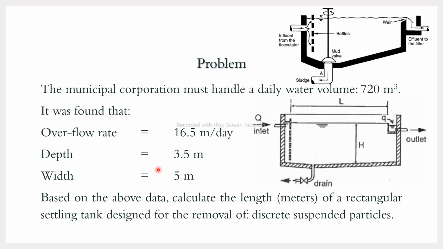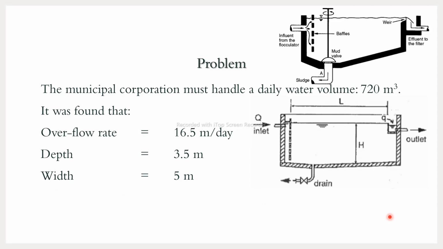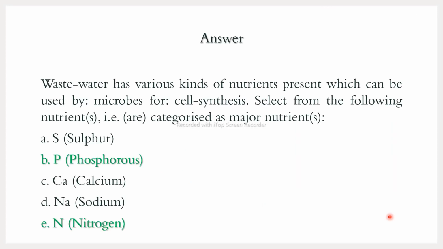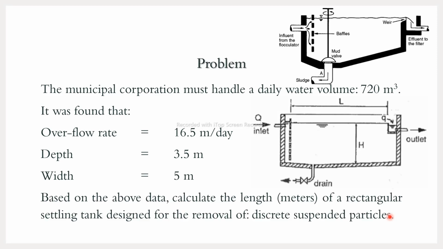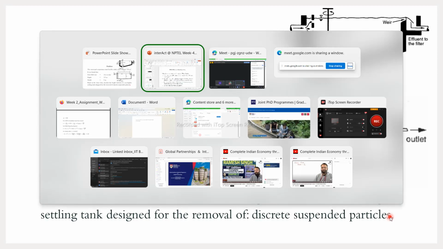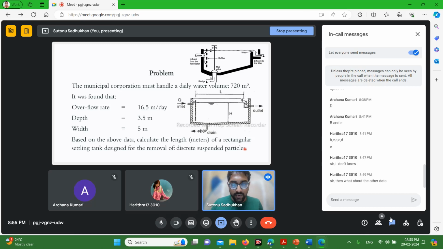These data you had to utilize. Only depth was not important. So any other data is there? No other data is there. So what are you talking about? I didn't understand. Please unmute yourself and tell what you are talking about.